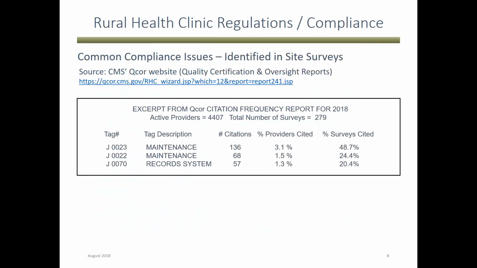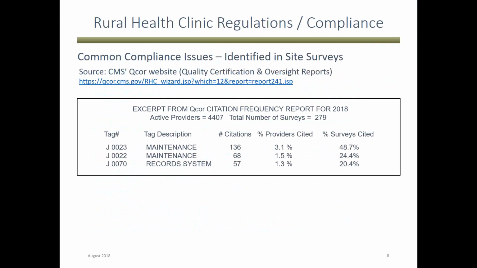The second most is code 0022, where the deficiency rate of those surveyed was 24.4%, and the third, 0070, is for record system, where approximately 20.4% of those surveyed were cited.